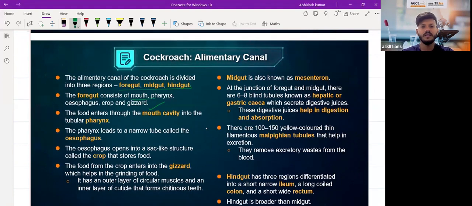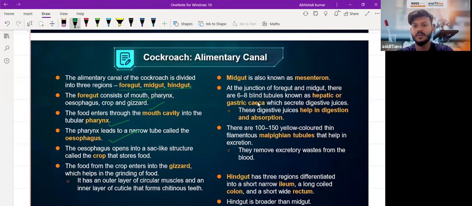The mouth cavity leads into the tubular pharynx, which leads to a narrow tube called the esophagus, which opens into a sac-like structure called the crop that stores food. The food from the crop enters the gizzard, which helps in grinding the food. It has an outer layer of circular muscles and an inner layer of cuticle that forms chitinous teeth.